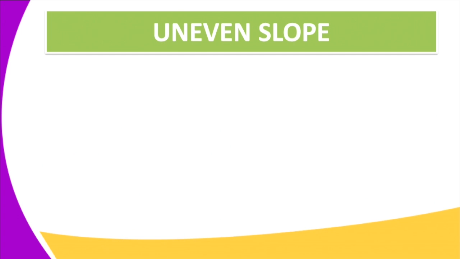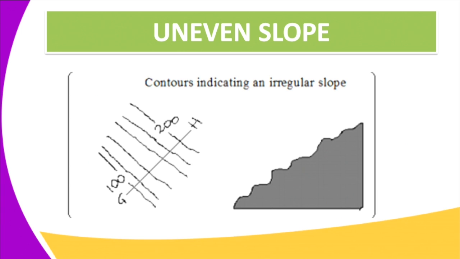Another slope is the uneven slope. As the name suggests, uneven, that means it is not regular. So on a topographical map, it is always defined by some of the contour lines being close to each other and some of the contour lines being wide apart from each other.